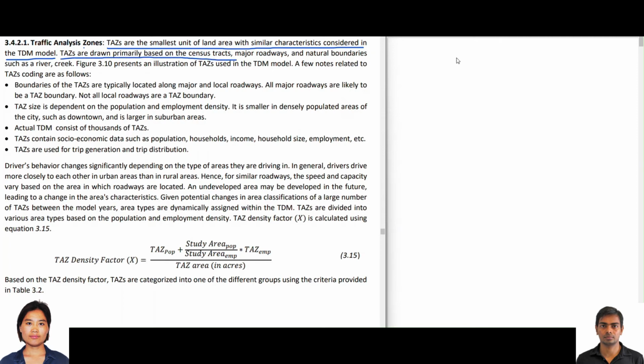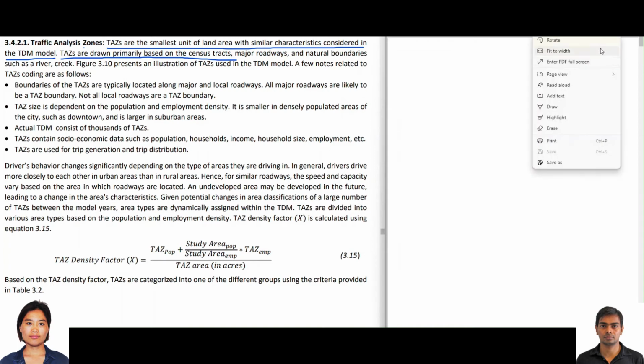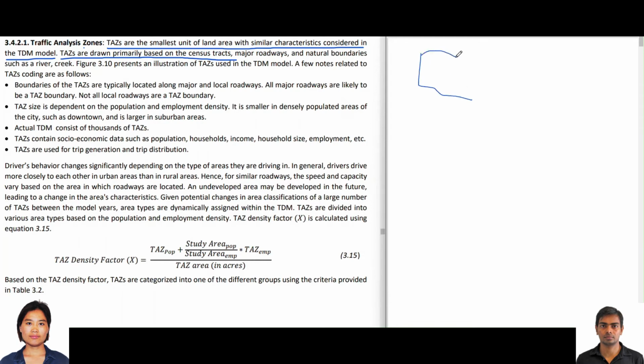So the first source of defining TAZs is census tracts, because we have the population and different kinds of information within the census tract, and a lot of data can be easily ported to the TAZs. So if we have a census tract, we likely try to keep that as a TAZ.